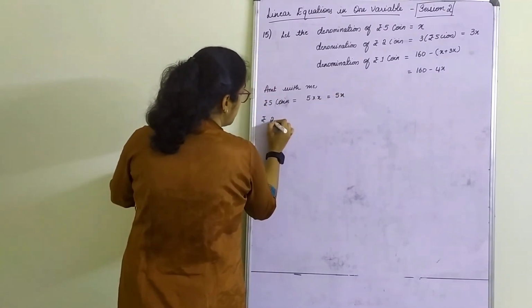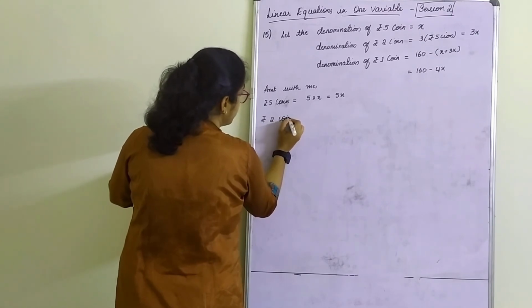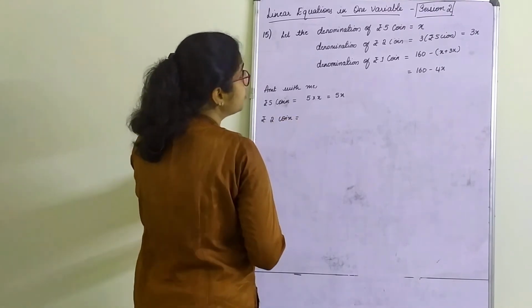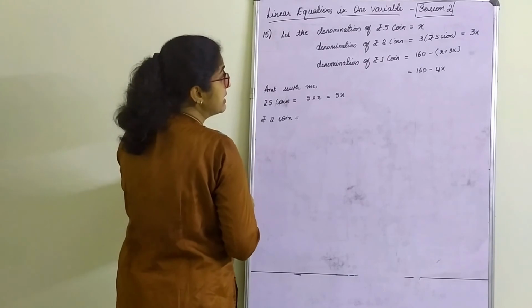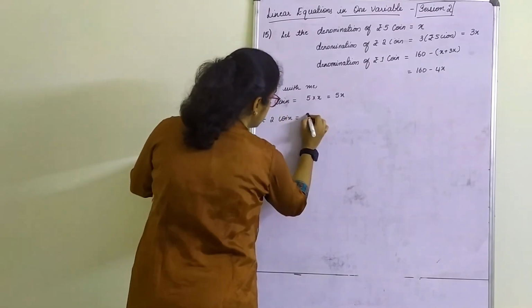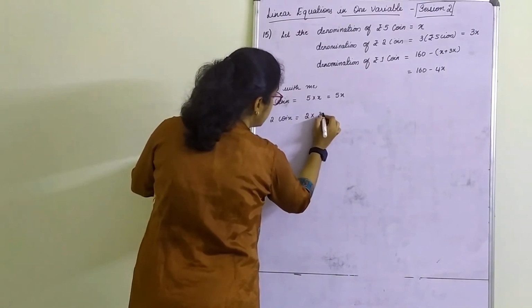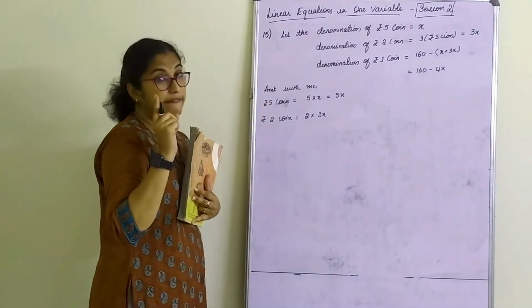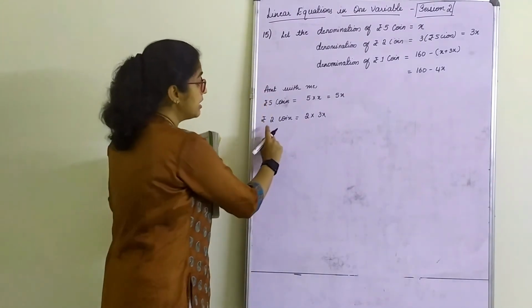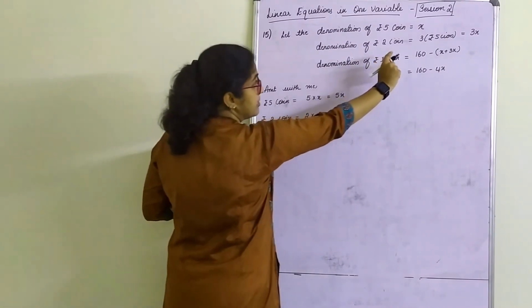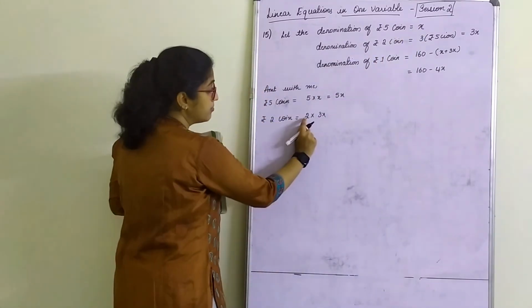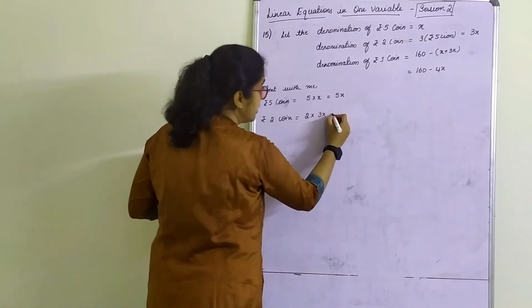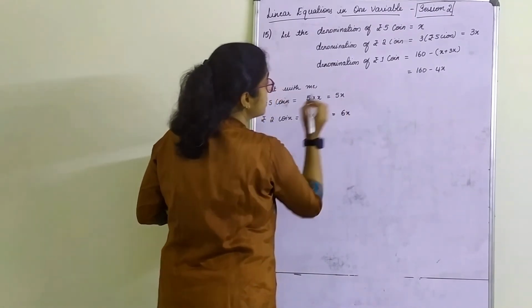Next, 2 rupee coins, how many times? It is 3. So this is 2 into 3x. Now see here, 5 rupee coins we have only x, they have given it as x. 2 rupee coins are 3 times the 5 rupee coins. That means it is 2 into 3x, that is equal to 6x.